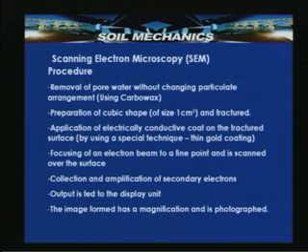Then application of an electrically conductive coat on the fractured surface by using a special technique. Generally, a thin gold coating is applied with the sputter coater, and an electron beam is focused to a fine point and scanned over the surface, and there is collection and amplification of the secondary electrons in the electron gun, and the output is fed from the electron gun to the display unit. The image formed has a magnification and is photographed.